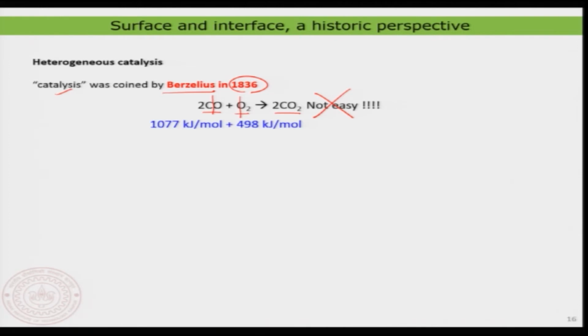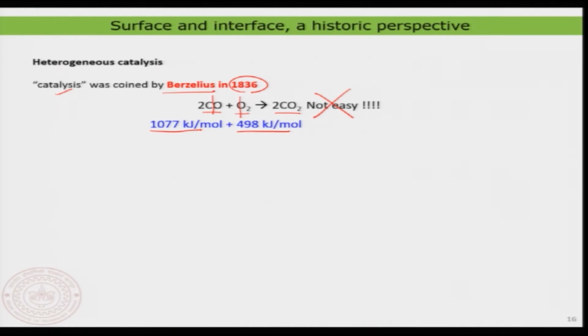It is very simple. The energy cost related to breaking the carbon monoxide and oxygen bonds is very, very expensive, and therefore, at normal conditions we will not be able to do the chemical reaction in an easy way. Therefore, you need something else.